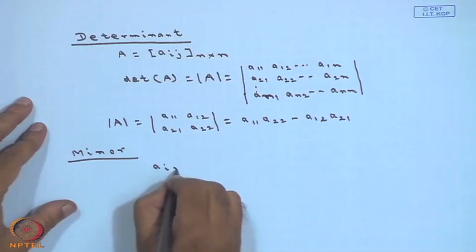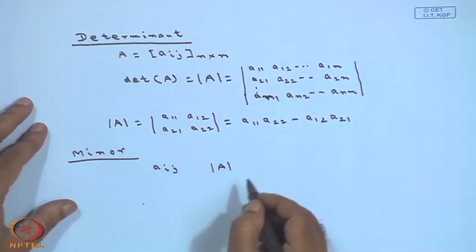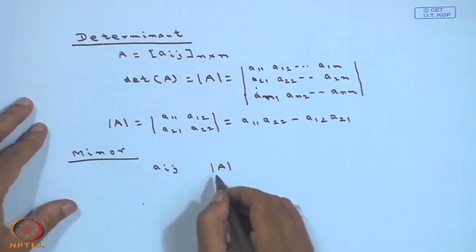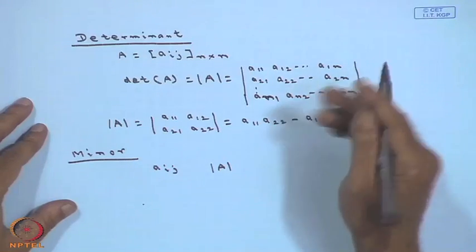The minor of an element Aij of a determinant A is the determinant of order n minus 1 obtained by omitting the ith row and jth column. Basically, what is a minor?